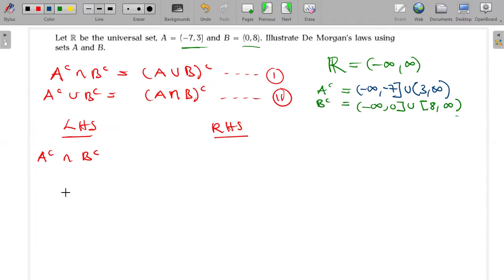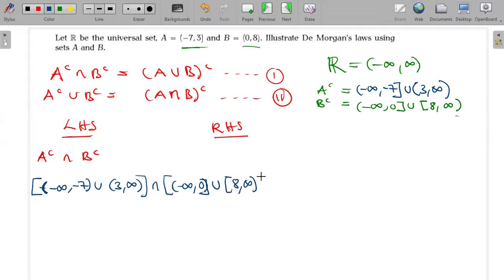Now you just have to intersect those. So I'll write them here. I'll write a big bracket: negative infinity, comma, negative 7, union, 3, comma, infinity, and then intersect, the other one, negative infinity, 0, closed here, then union, closed 8, and then infinity, and then you close.